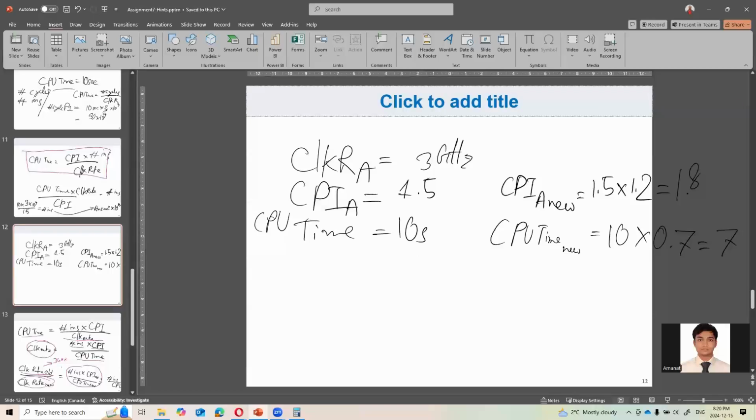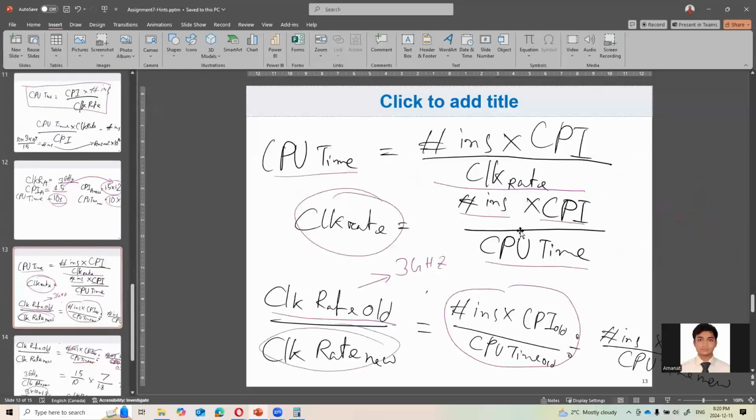So you can do it this way, or there's another way you can follow, where you know that the clock rate is 3 gigahertz, the CPI is 1.5, and the CPU time is 10 seconds. Because you know the old CPI, you can find the new CPI. You can find the new, reduced time, right? 7 seconds. And then you can use these values.